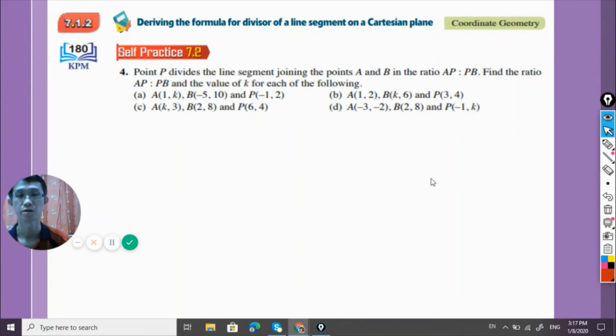The method to solve is just the same. You just link them up in the section formula, or the formula for dividing a line segment, after you sketch the diagram. You will follow the steps that I have shown before. I think you should get the answers, so give it a try.